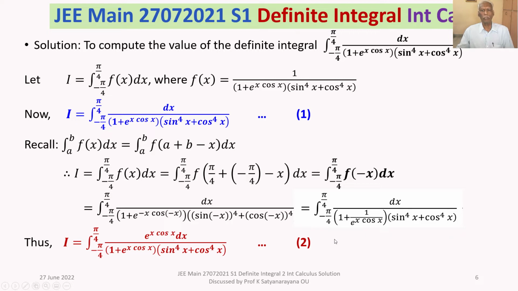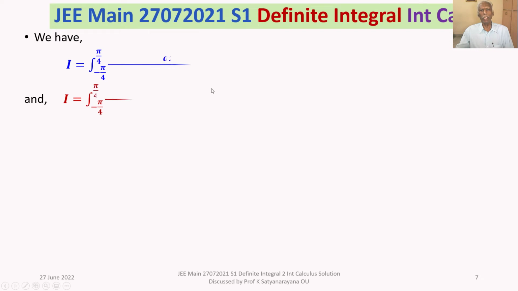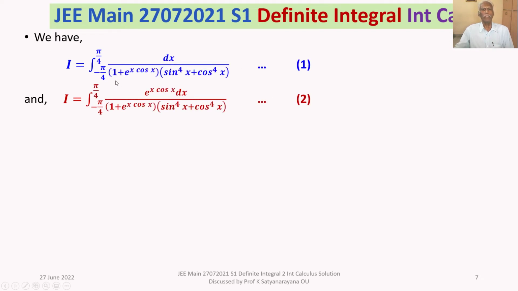Now, we go to the next slide, and we have those two equations, equation 1 and equation 2. Notice that the denominator in the integrand is the same. Now adding these two, you will get 2I on this side, and the denominator will be the same, and the numerators are to be added.